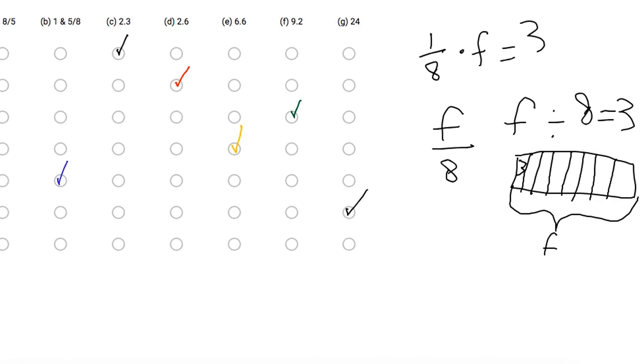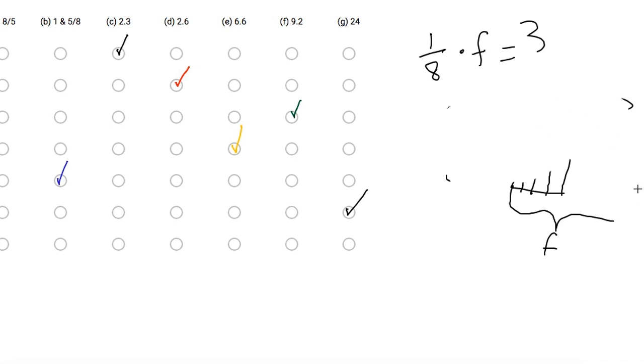Now for g divided by 8 over 5 equals 1. So take a step back from diagrams really quick, and let's remember that whenever we're taking any number and dividing it by itself, we'll get 1.